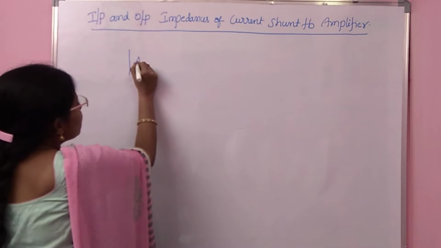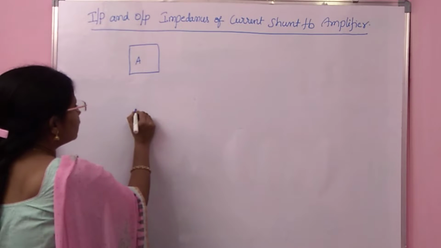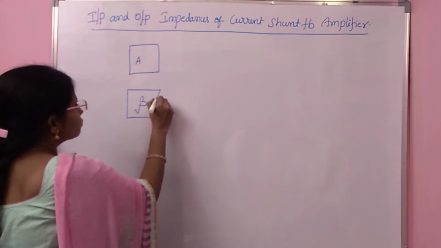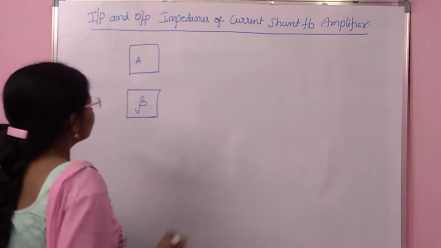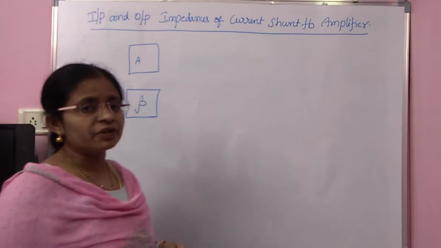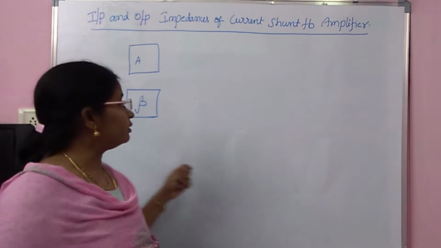The block diagram consists of an amplifier A and the feedback network beta. It is a current shunt feedback amplifier, which means the sampling is current and the mixing is shunt.